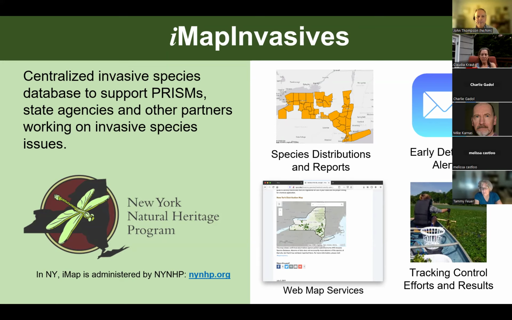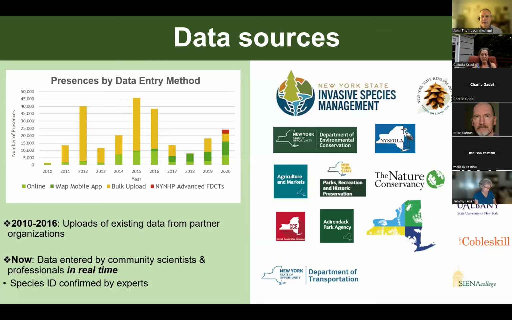The New York iMap Invasive Species Program is hosted by the New York Natural Heritage Program. They're the staff who do the updates, troubleshooting, helping people set up accounts, and the trainings.